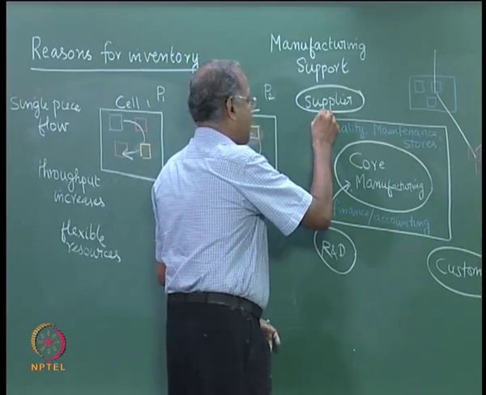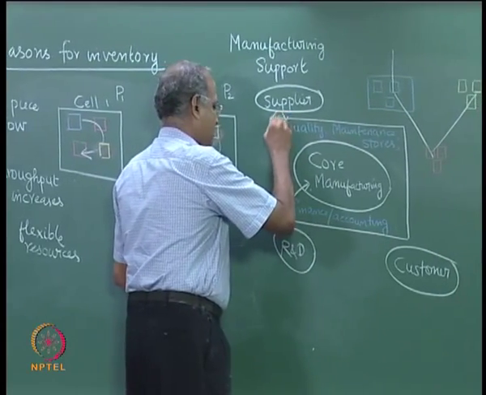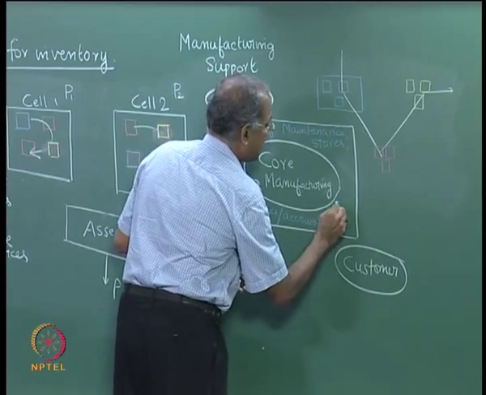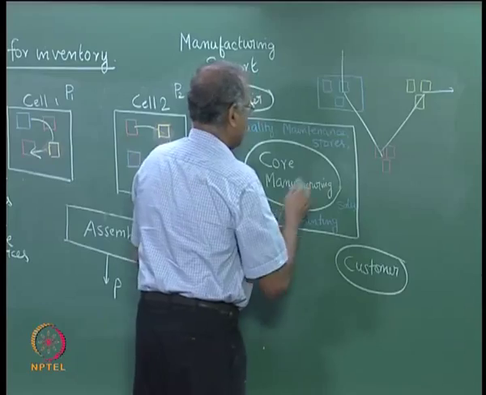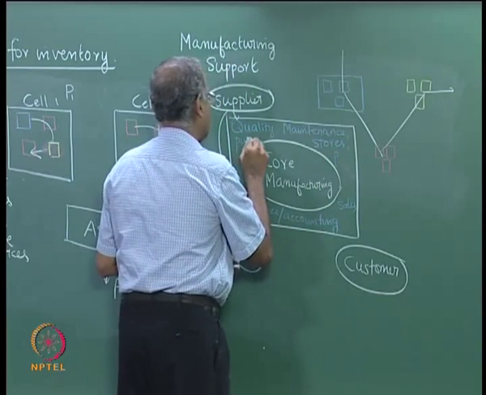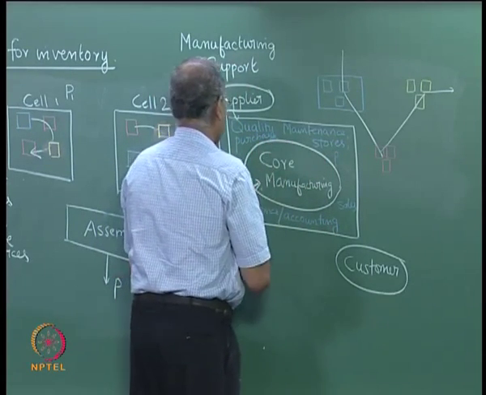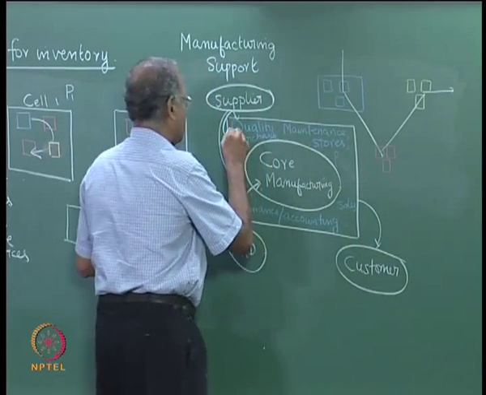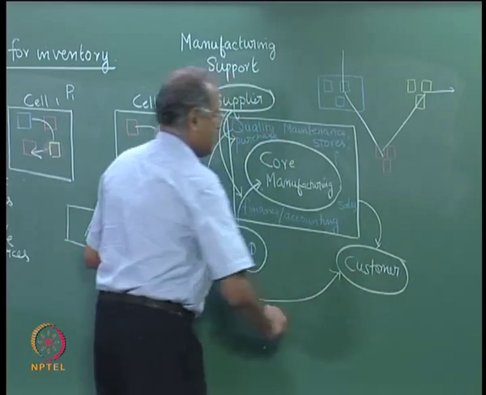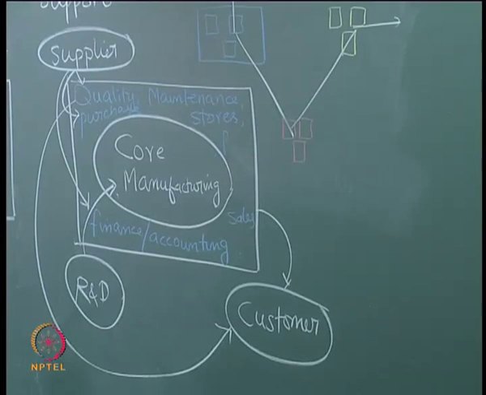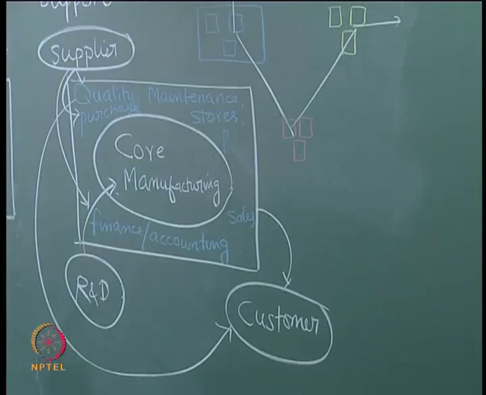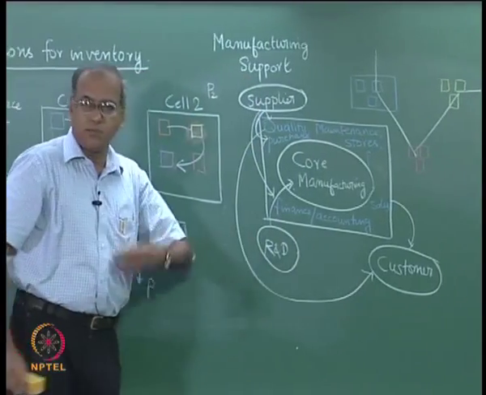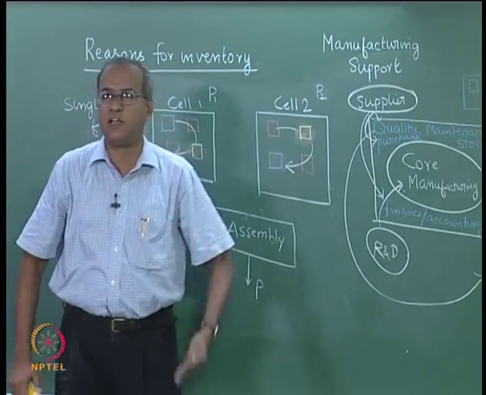The supplier invariably comes here, quality, accounts. The customer also comes, there could be marketing and sales, purchase. So, the supplier comes here, sales comes here, quality comes here, and so on. So, all these will now have to be decentralized, and the cellular manufacturing systems have to be made simpler, so that they perform extremely efficiently.